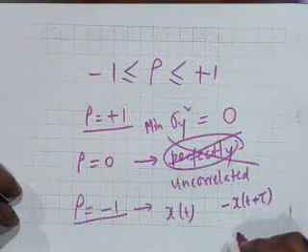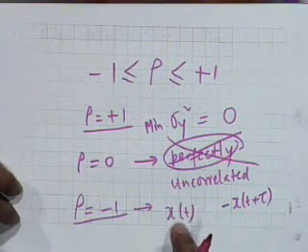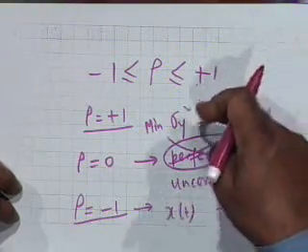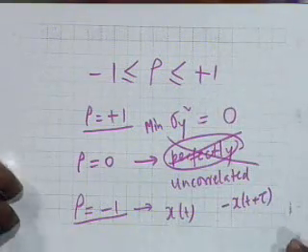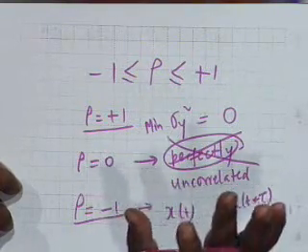But the interpretation is that x of t and minus x of t plus tau are perfectly correlated. Rho equal to +1 means x of t and x of t plus tau are perfectly correlated. Rho equal to -1 means that the two waveforms are similar except for a change of phase by 180 degrees. So this is the interpretation of rho, and through rho we get an interpretation of Rx of tau.